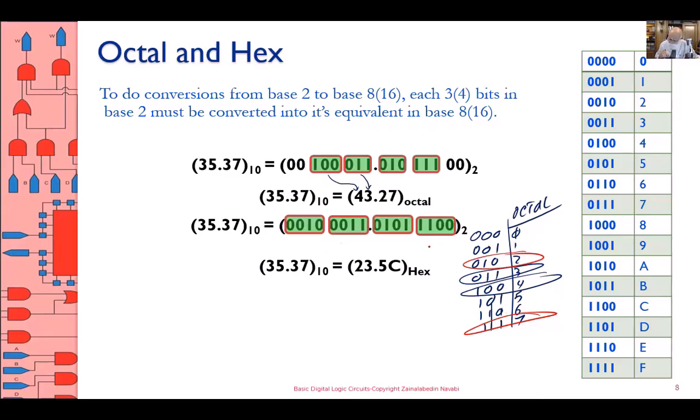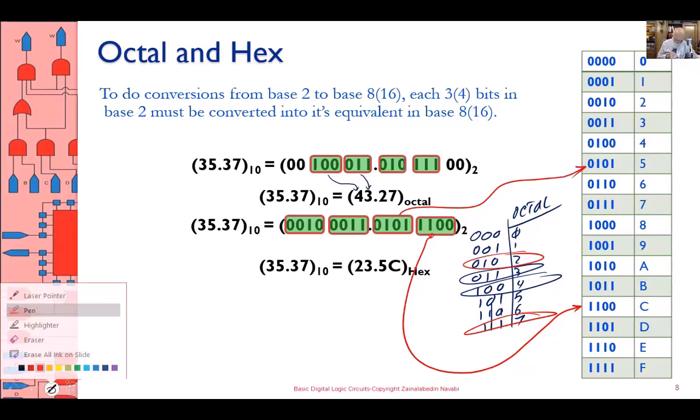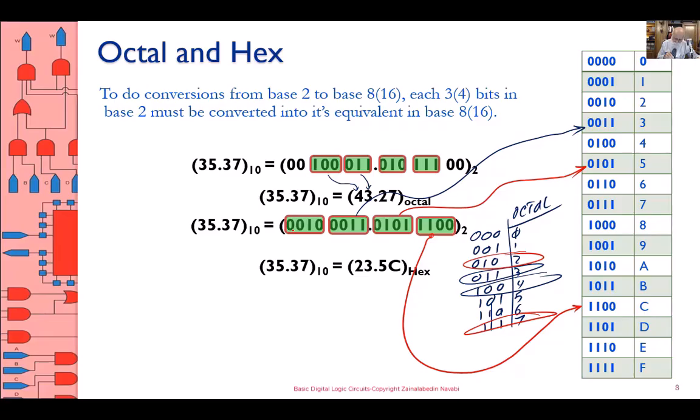So 1100 is C. 0101 is 5. 0011 is 3. 0010 is 2. That's octal and hex conversion.